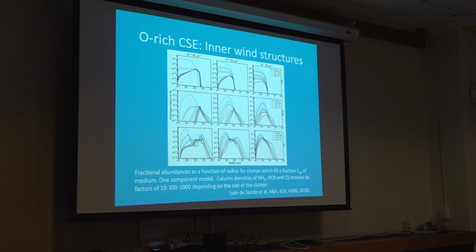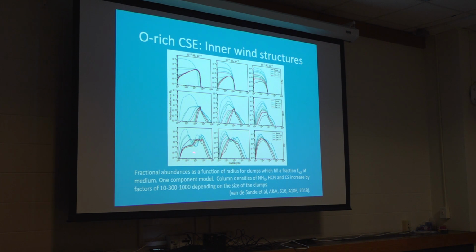Okay, so this was quite a complex diagram, but really all I wanted to show you here was the solid lines. These are for different mass loss rates. The solid lines are what you would get in the typical 1/r squared flow, and then the differences in these curves show what happens as you change the parameters of the clump size distributions, filling factors, and so on.